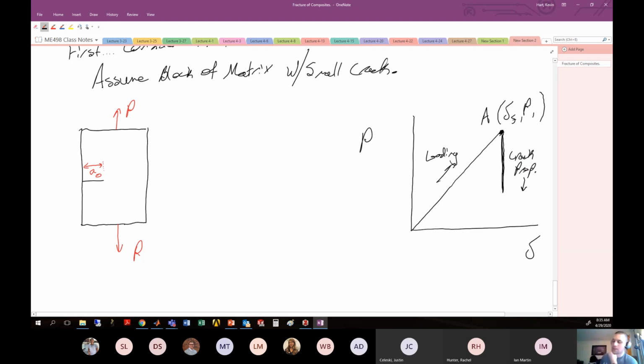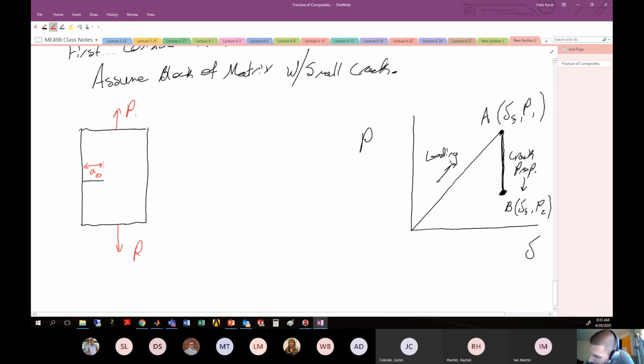That's crack prop, and that's what's happening when we go from that current value to, if we're in displacement control, this other value down here, which would be point B, that has the same displacement, delta F, and now a different load, which is P2. So that's what's going to happen if we load. There's going to be a crack generated that relieves the force on the piece. So we've got this now large crack.